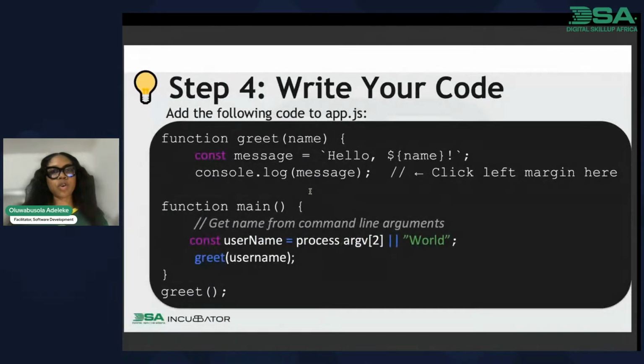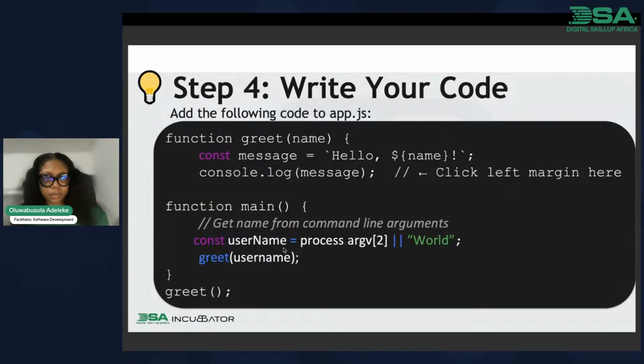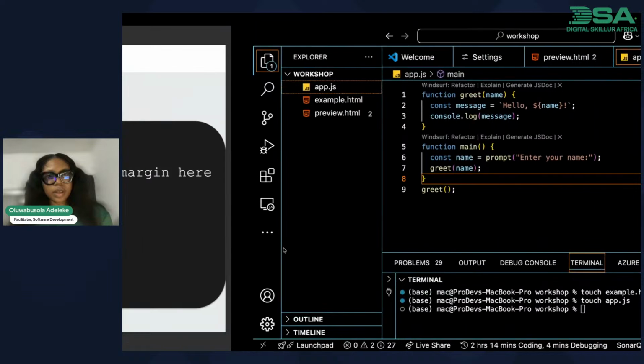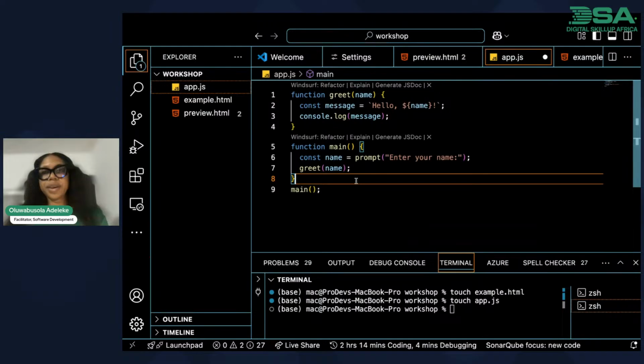Okay? So we're supposed to call main. So when we call main, what happens? Main will tell you to prompt your name, and then it will pass the name on to greet. Okay.